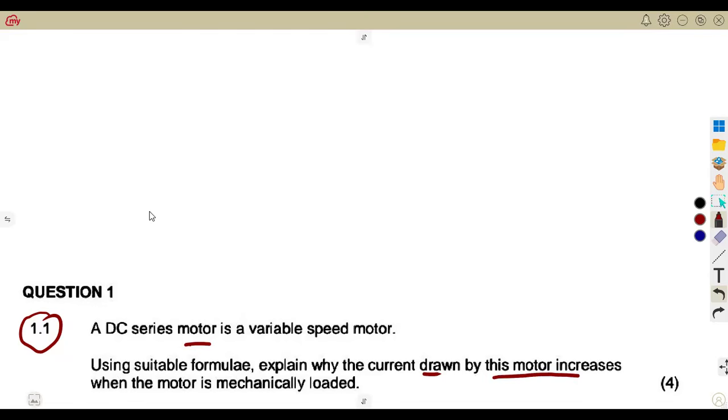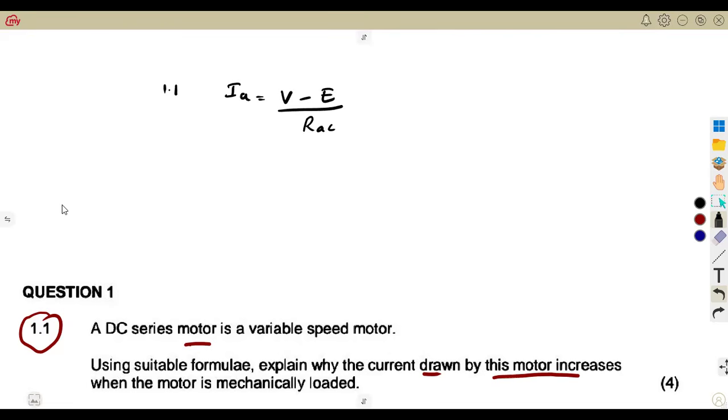Remember the part of the armature. The armature current will increase due to what? The armature current is actually taken, remember, from your EMF equation of the motor. We saw this from our calculations, guys, that the armature current was taken from V minus E over the resistance of the armature circuit.